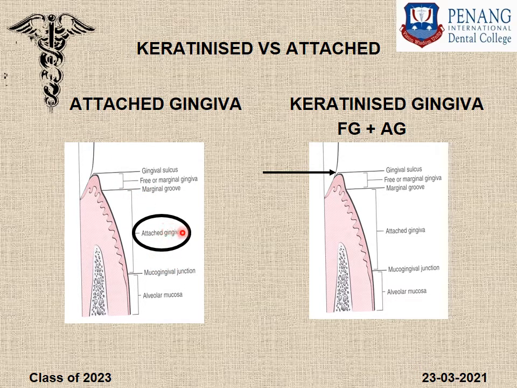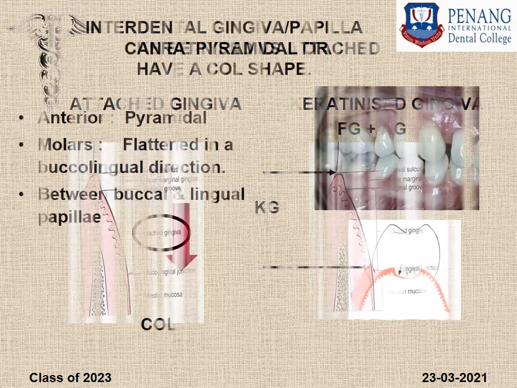On the other hand, the keratinized gingiva includes this whole area, whichever part is keratinized, from the uppermost point on the free gingiva to the mucogingival junction. So this entire area is the keratinized gingiva, whereas attached gingiva is only the part which is attached to the bone or the underlying tooth surface. So as I told you, this is your keratinized gingiva.